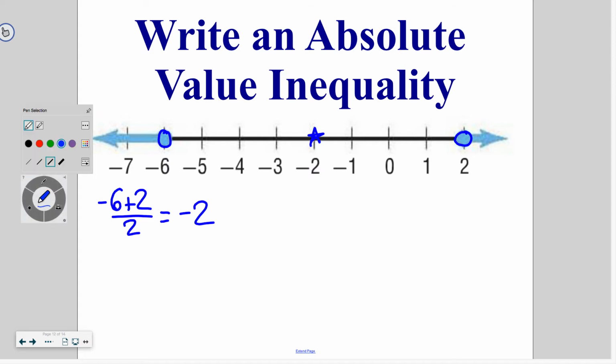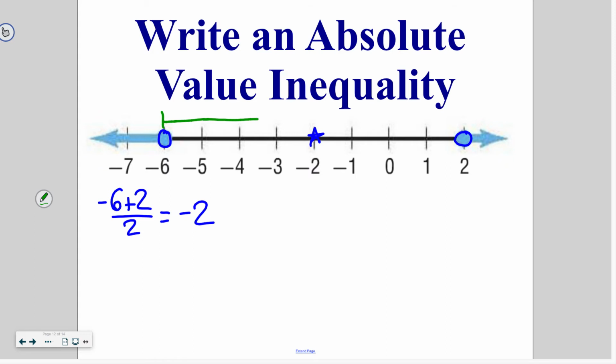Then if you recall from what we did with our equations, our goal is to figure out the distance between the points. So between negative 6 and negative 2, there's a distance of 4. Between negative 2 and positive 2, there's also a distance of 4. The one thing that we really have to be careful with now is when we are writing our final equation.